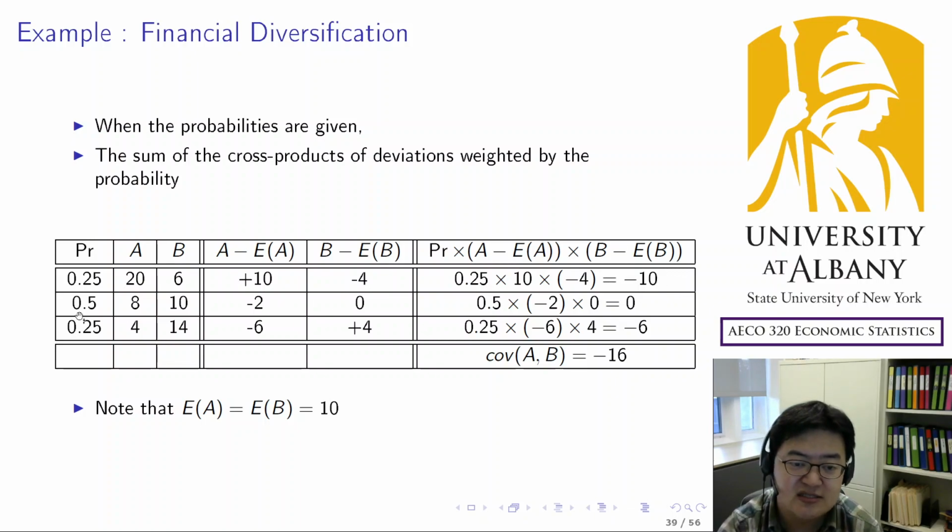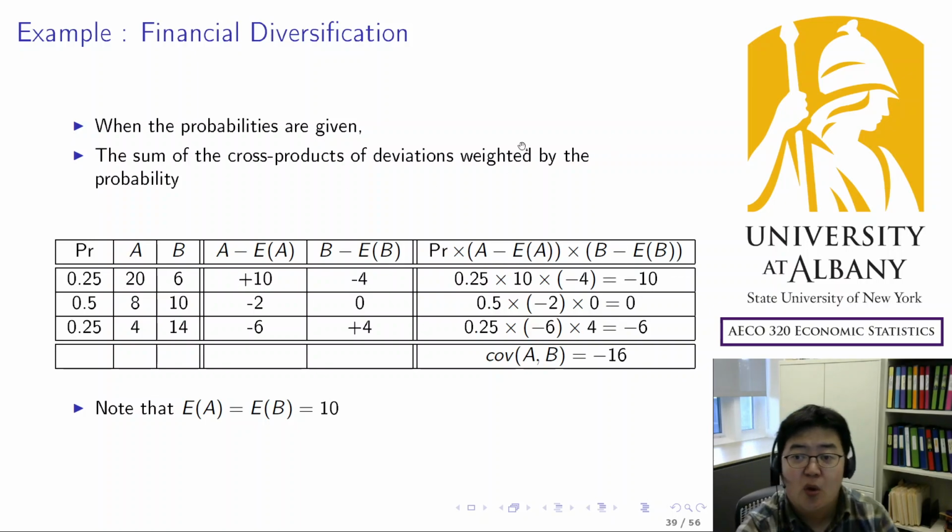In the second case, 0.5 times minus 2 times 0 is 0. Then 0.25 times minus 6 times plus 4 is minus 6. So these three are the probability-weighted cross products of deviations. This is the definition of covariance, right?